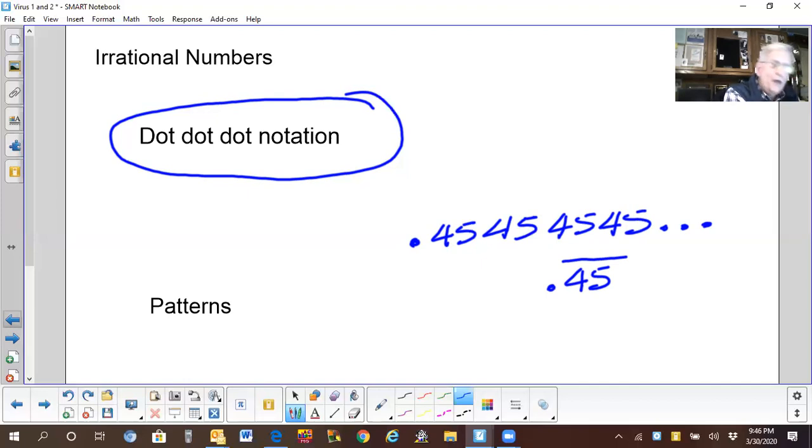Now, there are other numbers that you can have that show patterns, but the patterns are not repetition. The patterns actually have an irrational behavior to them. Let me give you an example of that.